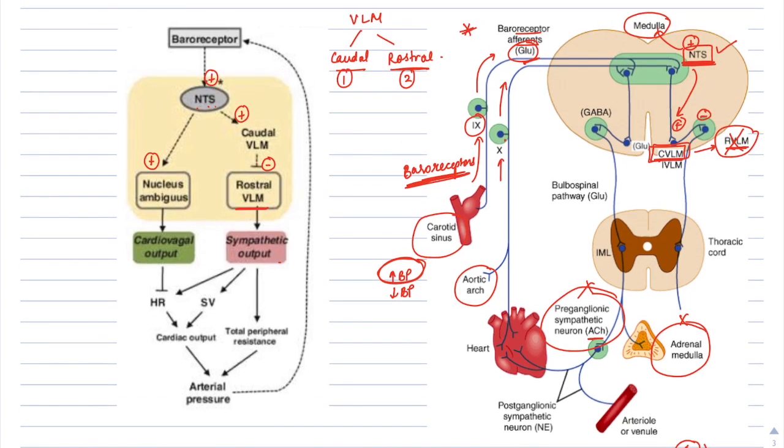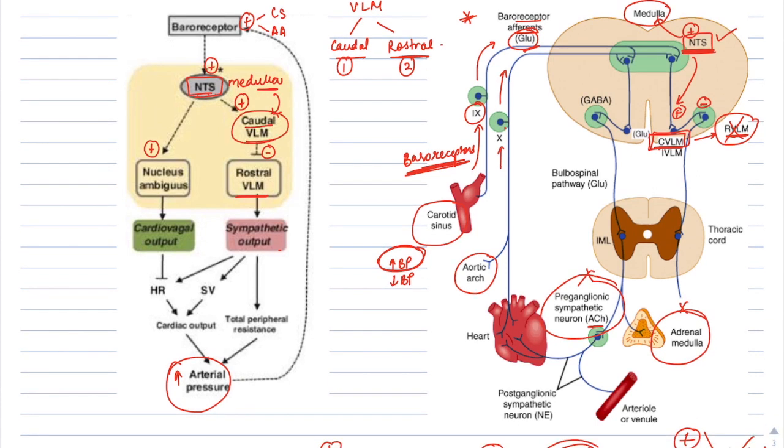Just looking at the diagram on the left, making it easier, an increase in the blood pressure here will activate the baroreceptors in the carotid sinus and the aortic arch. That will in turn activate the nucleus tractus solitarius that is present in the medulla. This nucleus tractus solitarius activation will further activate the caudal ventrolateral medulla.